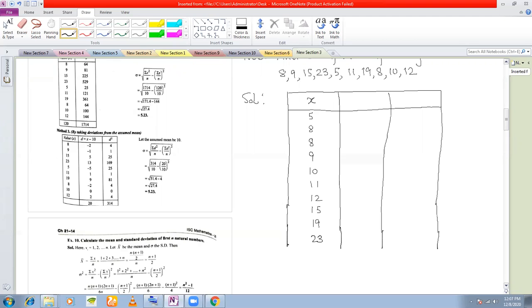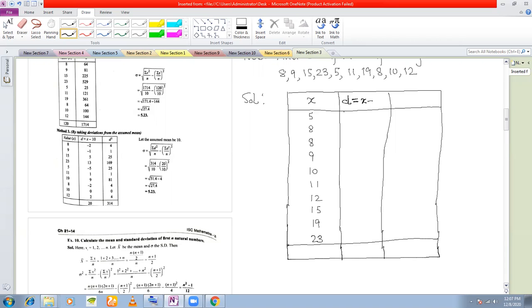Okay, so now what you do is, once you have arranged this data in ascending order, you take the deviations about this, and the deviations will be x minus some number.